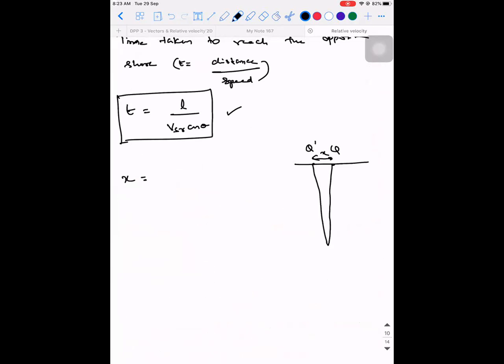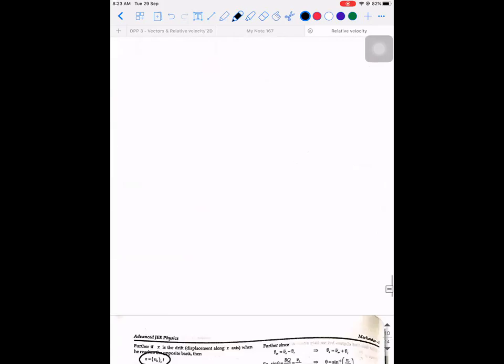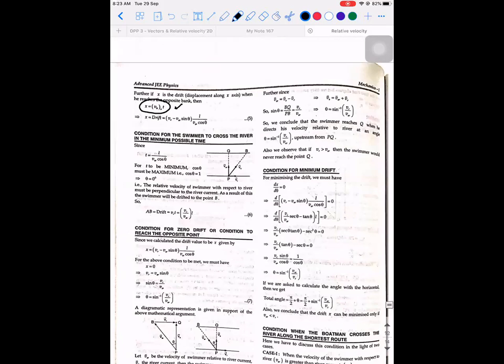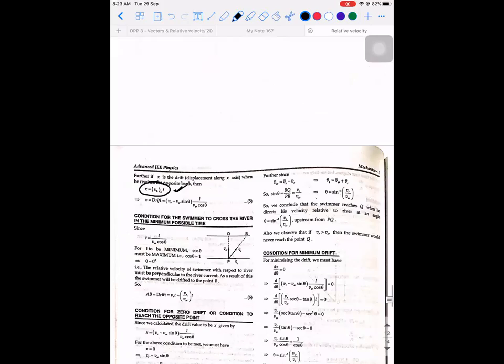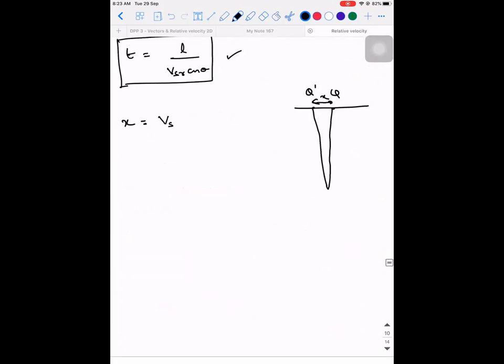So what will be the drift experienced by the person? Observe. The drift experienced by the person will be the velocity of the swimmer in x direction into the time taken for him to reach the point Q dash. Because distance is equal to speed into time. Here I'm concerned about the distance along x direction.